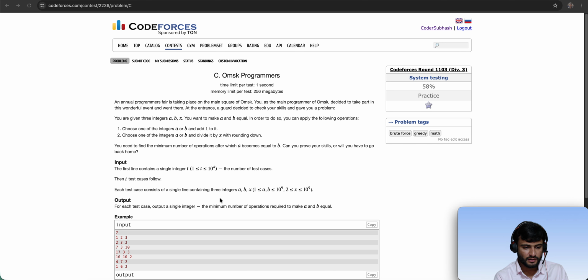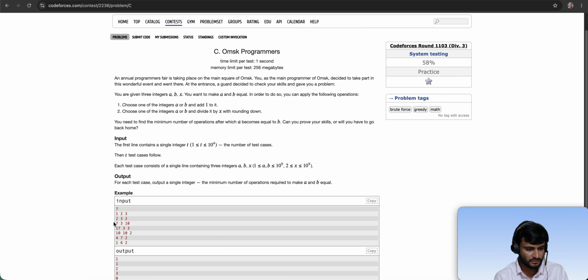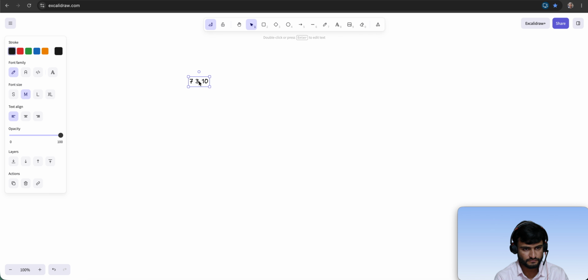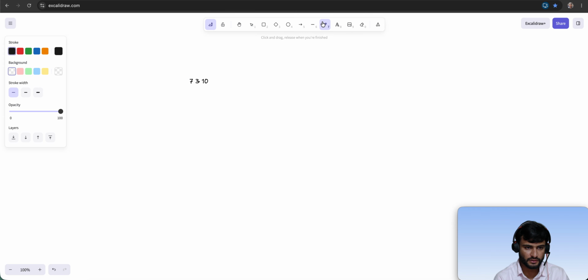Okay, so let's take an example of this sample test case. So here a equals 7, b equals 3, x equals 10. For the optimal case, let's apply the division operation on a equals 7.